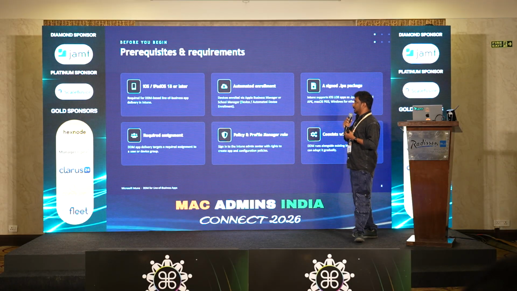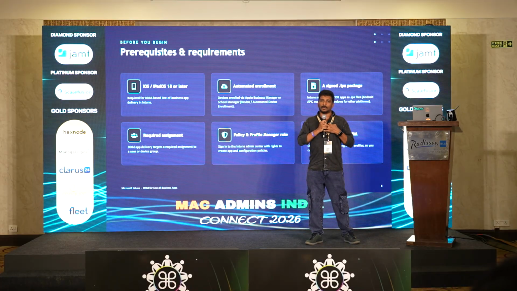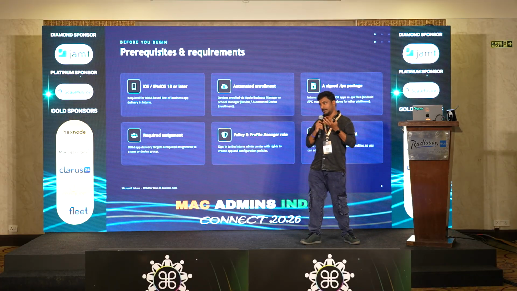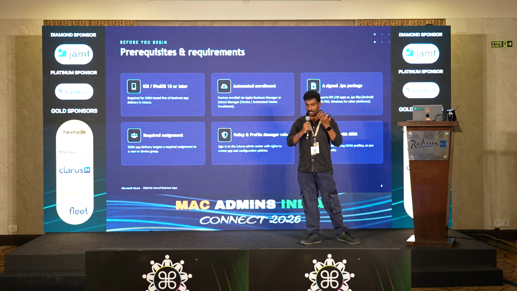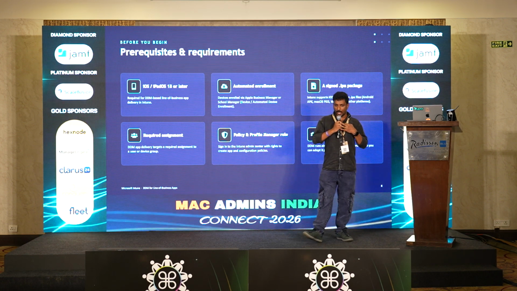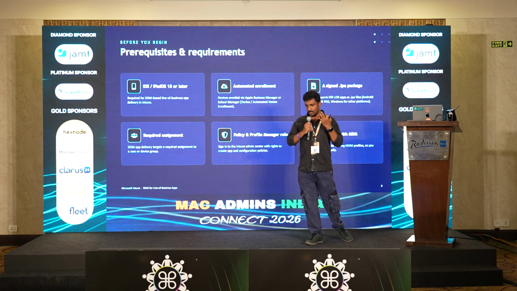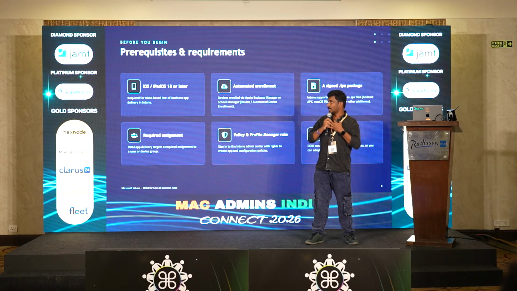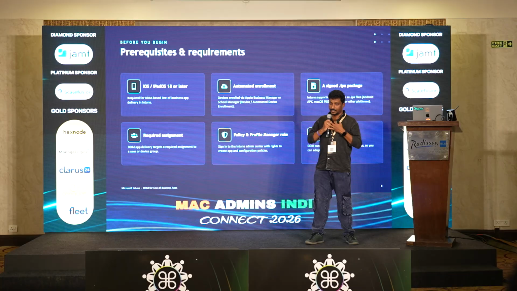Before we begin with the line of business application, let's cover the prerequisites and requirements you need to keep in mind as an admin. I'm talking about Apple iOS and iPadOS devices here. You should have iOS or iPadOS 18 or a later version.